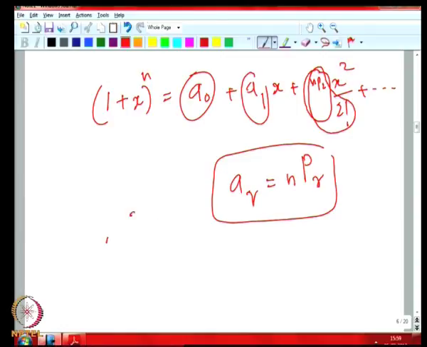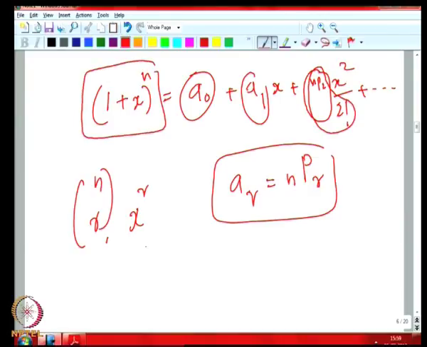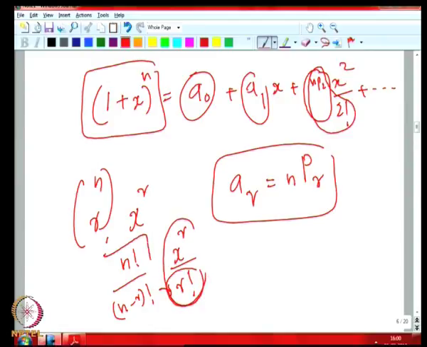For instance, when I consider the coefficient of x raised to r, that is n choose r when you expand this stuff, right. Now, I am only interested in the coefficient of x raised to r by r factorial. So, that means this is n factorial over n minus r factorial into r factorial. This r factorial goes here, right. I am only interested in this part, and this is actually n p r, right.